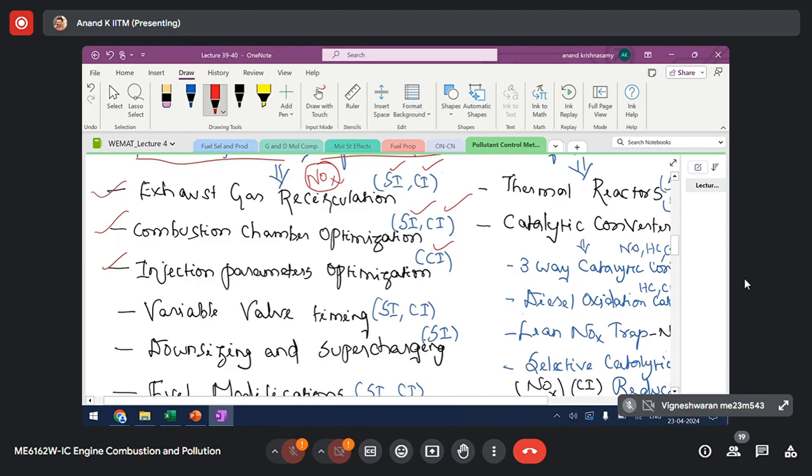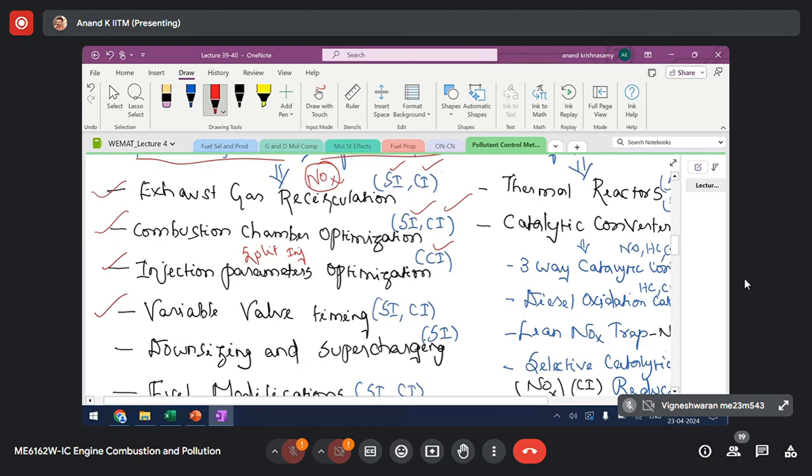Here I will also talk about something called split injection or multiple injection. These are the options you have to control primary pollutants in CI engine. This is also one of the most effective methods to control the pollutant level. I'll give more detail as we move on.